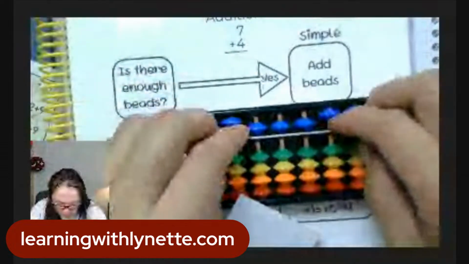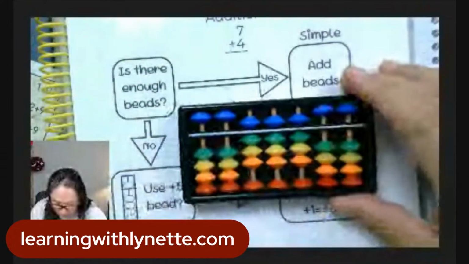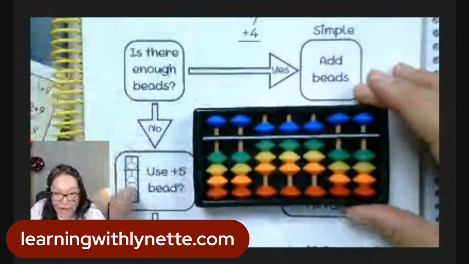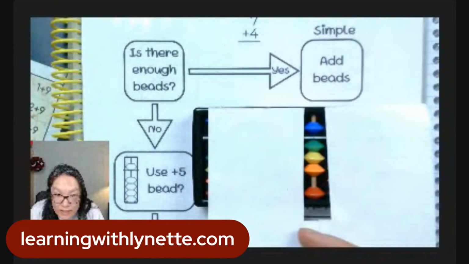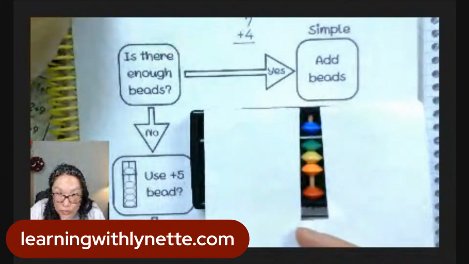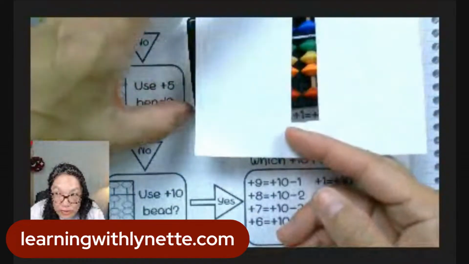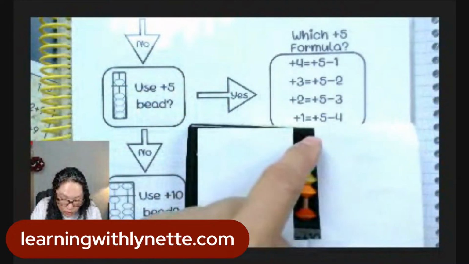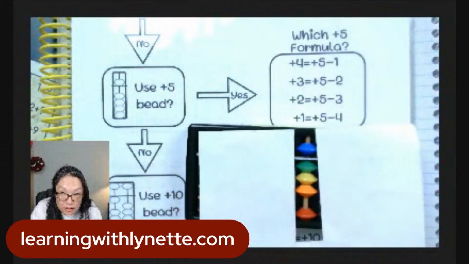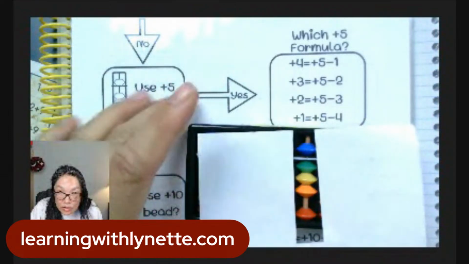I have my 8, 8. Is there enough beads to add the 2? I want to add the 2. Is there enough beads? No, there is not. So what do I do? Is there enough to add the 5? No, I cannot. So what do we have to do?